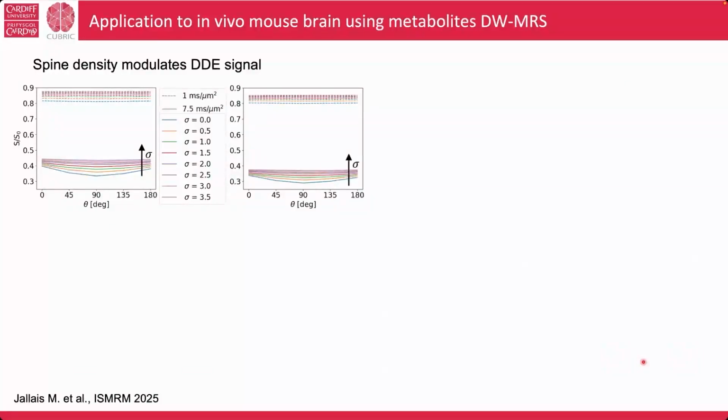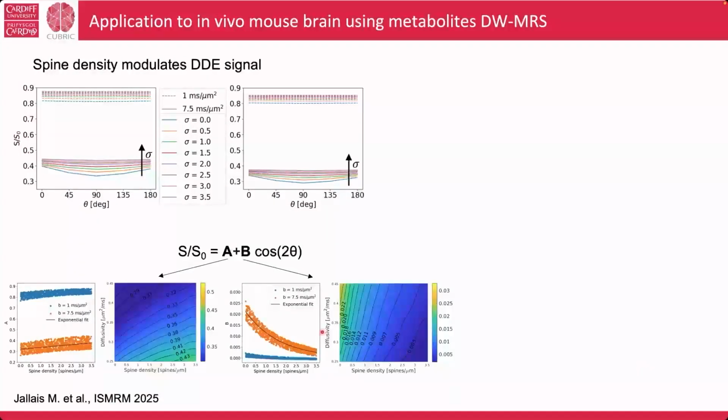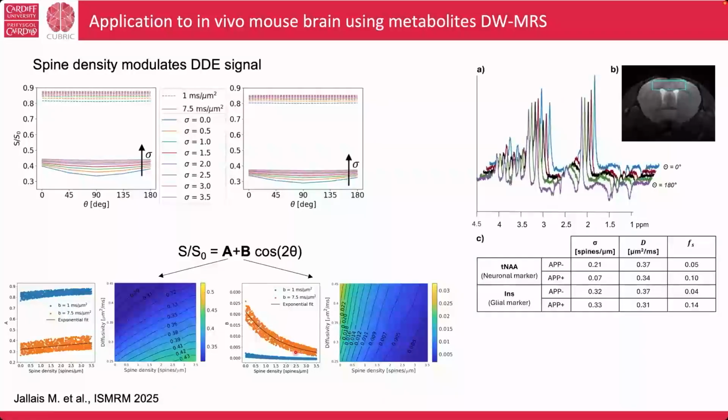What Melis Jallet, postdoc in our team, has done is to bring this to a preclinical scanner, using double diffusion encoding, for which she demonstrated that there is higher sensitivity to spine density compared to single diffusion encoding, and then applied this in collaboration with Julien Valette's lab to an animal model called APPS1 of neurodegeneration.